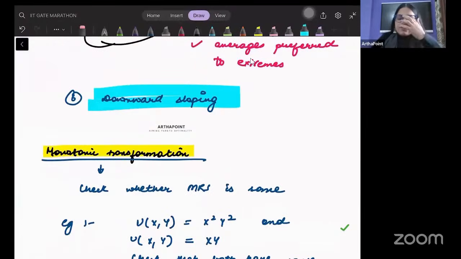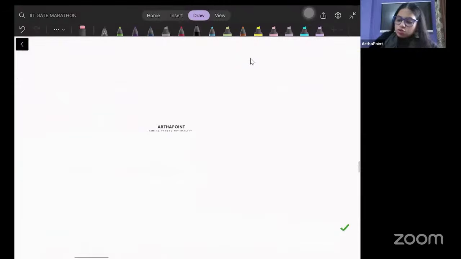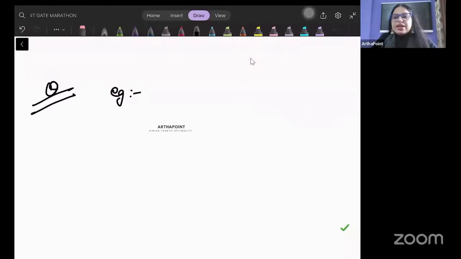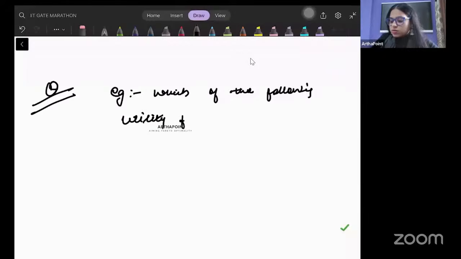Now, a very, very commonly asked question in multiple entrance exams. Example, if they give you: which of the following utility functions represent the same preferences?